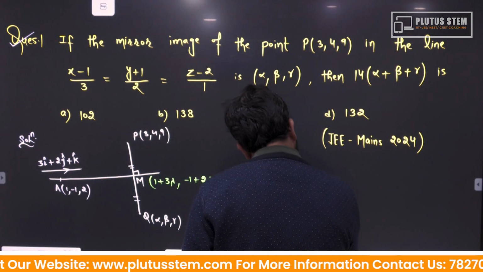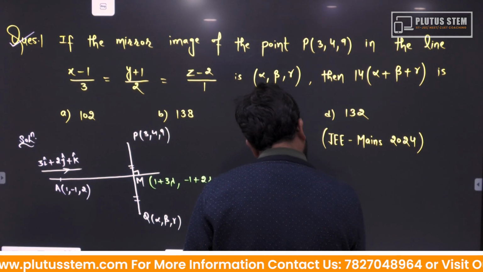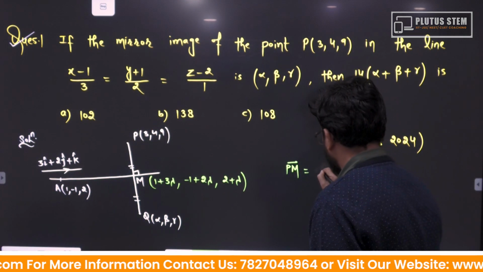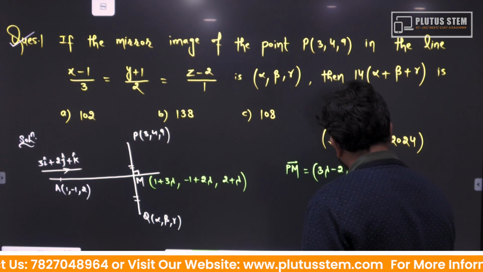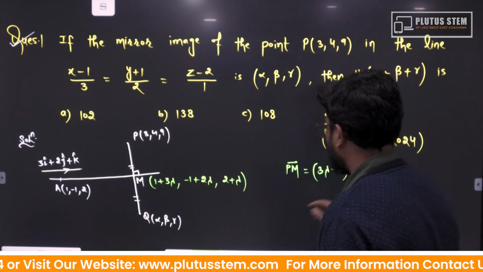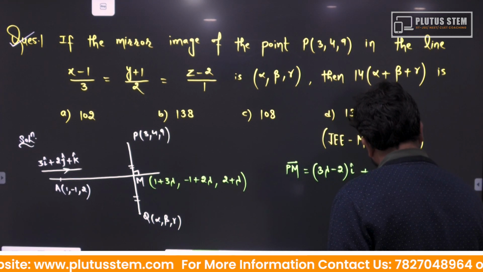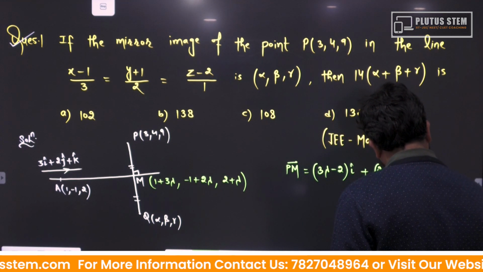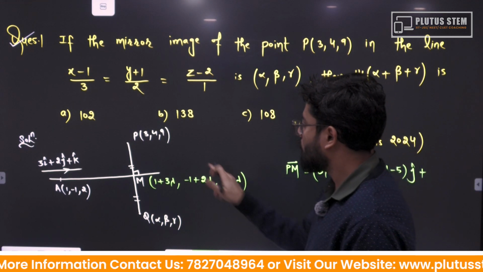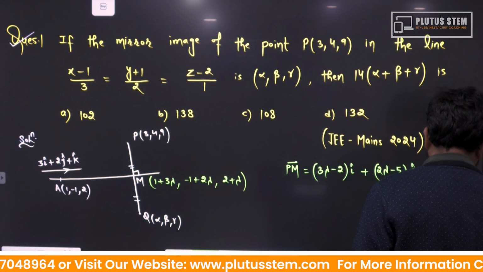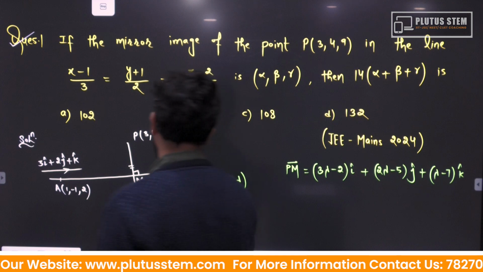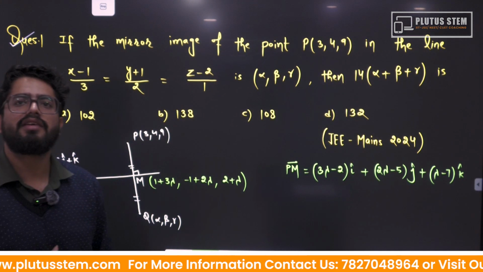PM vector is 3 lambda minus 2 i cap plus 2 lambda minus 5 j cap plus lambda minus 7 k cap.